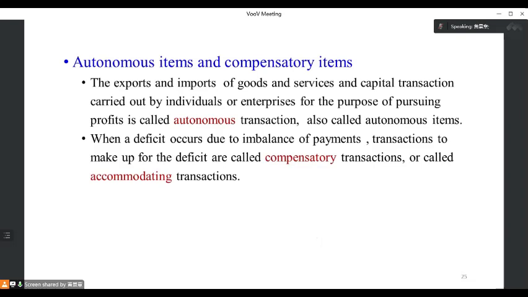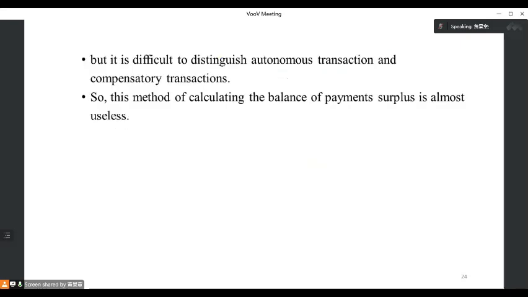We should remember the definition of autonomous items and compensatory items, but this method cannot be used in real actions because it's difficult to distinguish autonomous transactions and compensatory transactions.